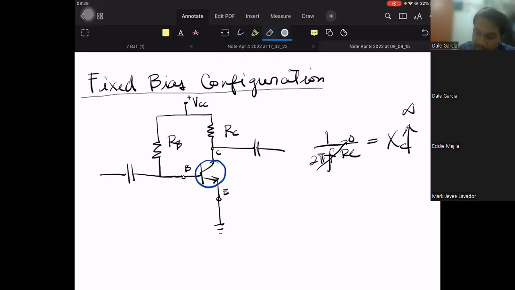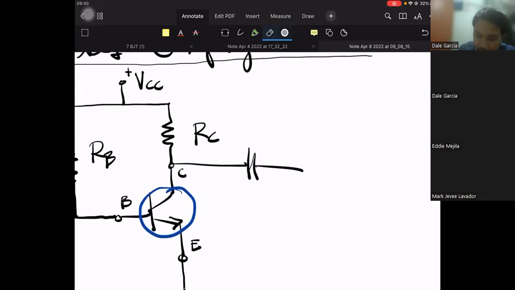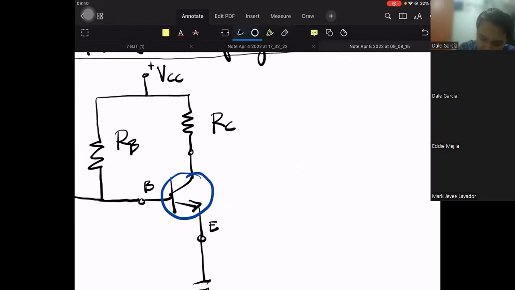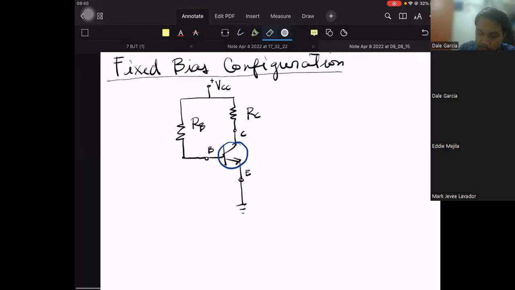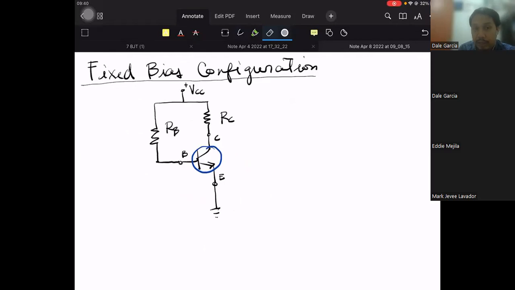Meaning very high impedance, as if we have a very large resistor here, so we can erase it, because it keeps DC current from influencing outside of our circuit. That's just for formality, to explain why we can ignore the capacitors for now. So we focus on the fixed bias configuration.